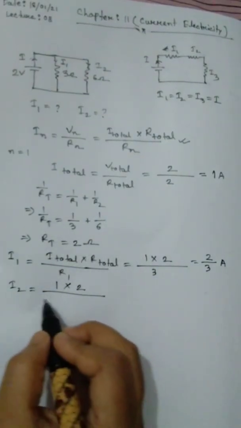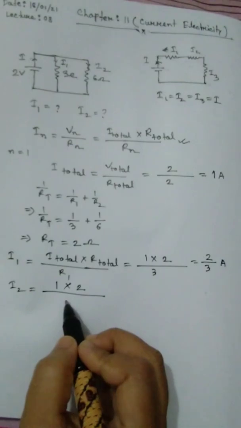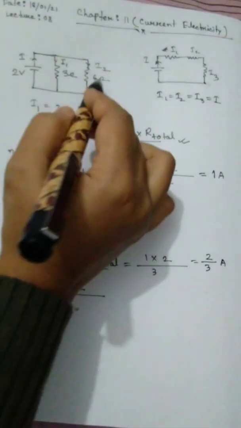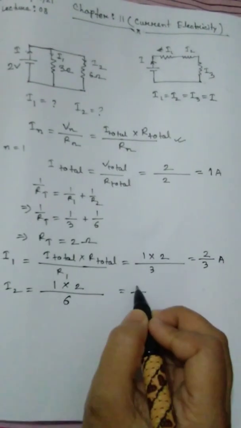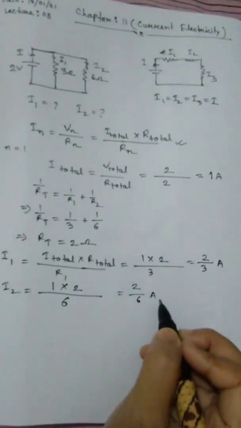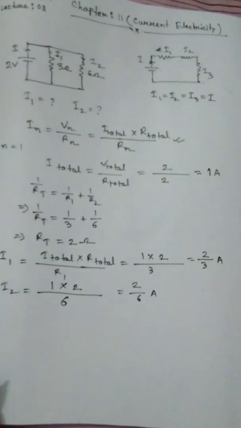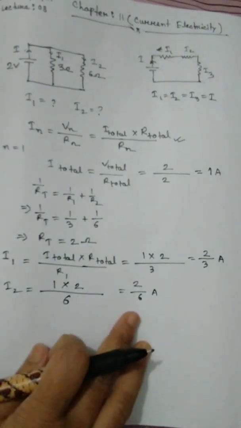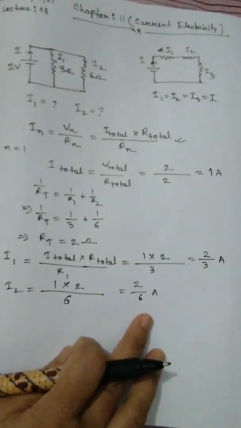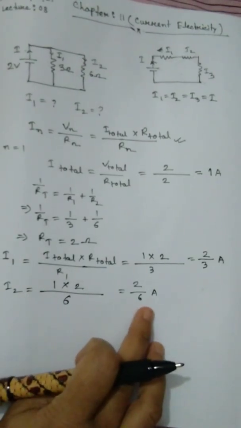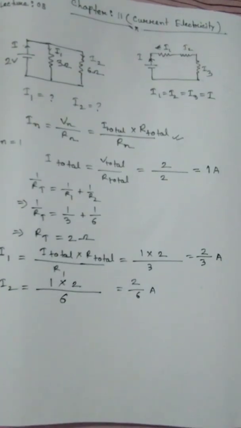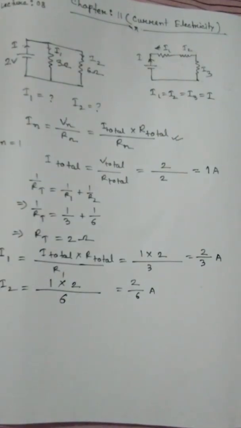But now we write down the value of R2, which is 6 ohm. So we get the current as 2 divided by 6 amps, or 2 upon 6, which you can also write as 1 upon 3.